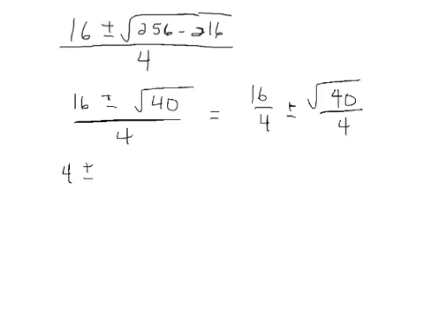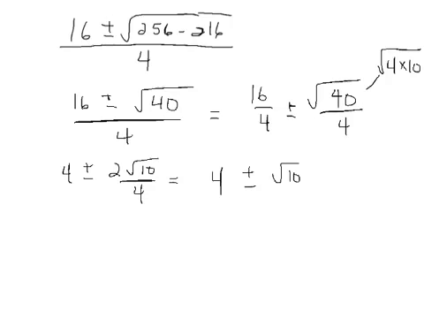That square root can be simplified to 4 times 10, I think, yeah, that's right. So that's the same as the square root of 4 times 10, so I'm going to take that 4 out and take the square root of it, make it a 2. And simplify again. So our answer is 4 plus or minus square root of 10 over 2.